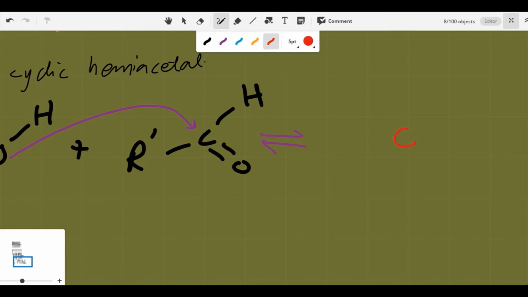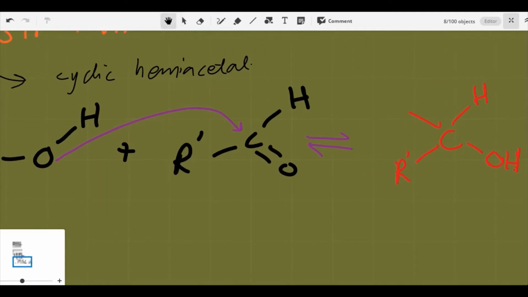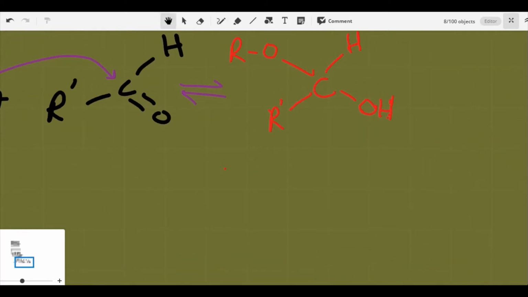That will make C bonded with OH along with R prime, and here is the alcohol group, that is RO. So that product is known as the hemiacetal product.